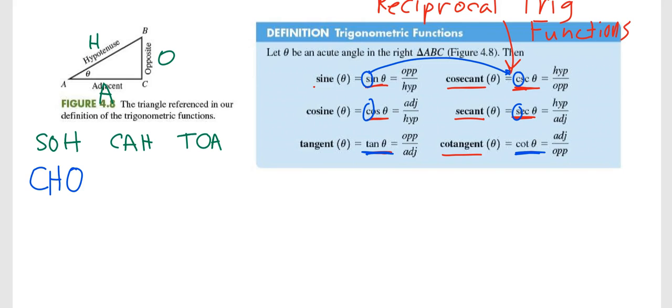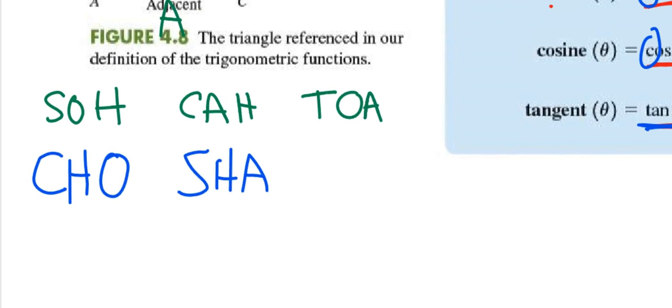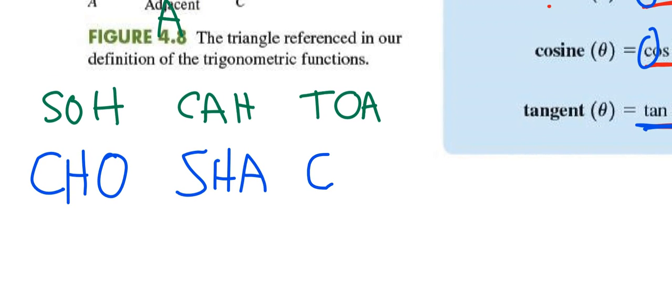If cosine goes with secant, and it's reciprocal, what do you do with adjacent over hypotenuse? Hypotenuse over adjacent. And if tangent goes with cotangent, and it's a reciprocal trig function, what do we do with opposite and adjacent?